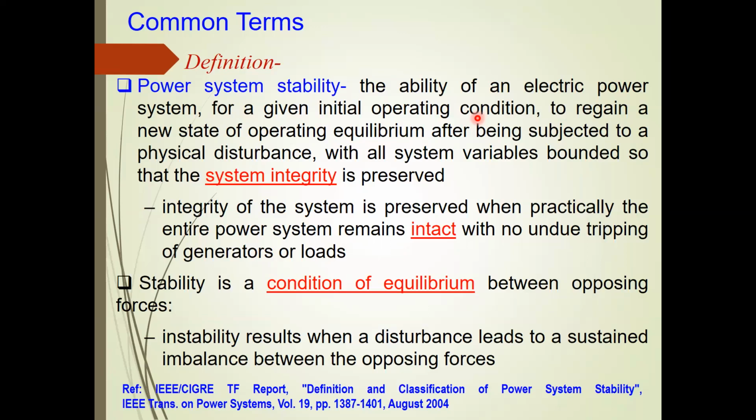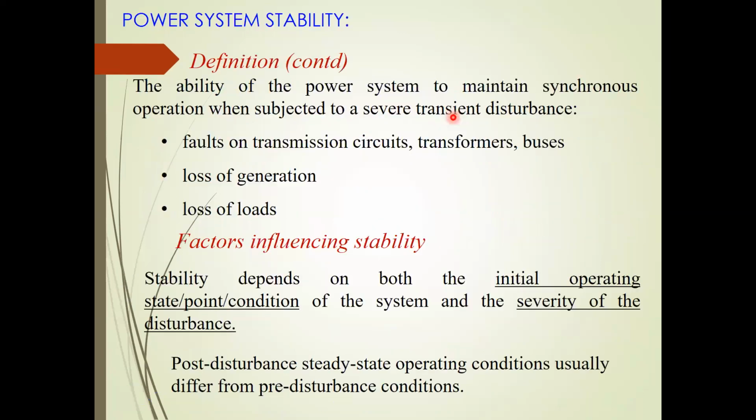It could be any value. That's why it is said initial operating condition, right? So if I say your generator is just partly loaded, you have 500 MVA load on the generator, right?